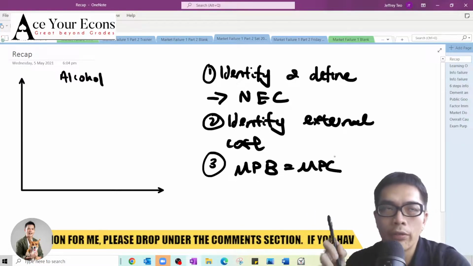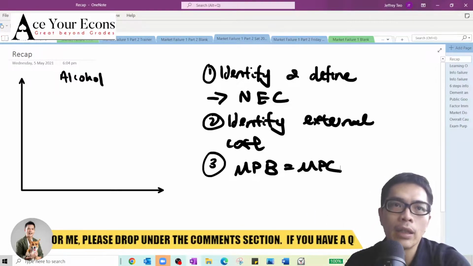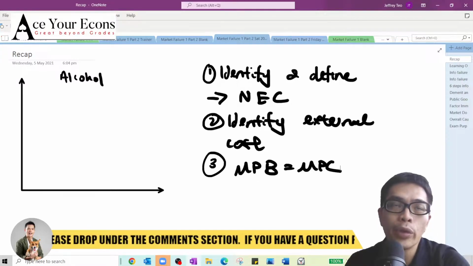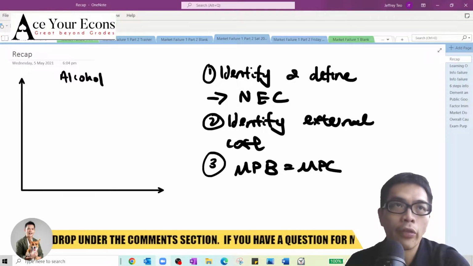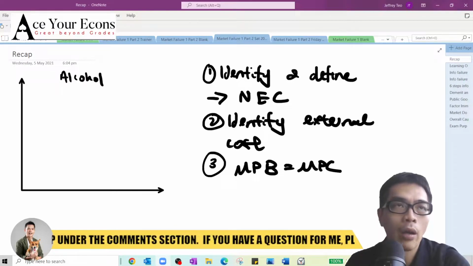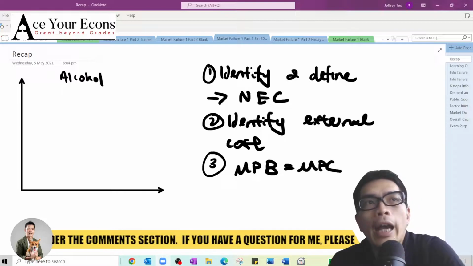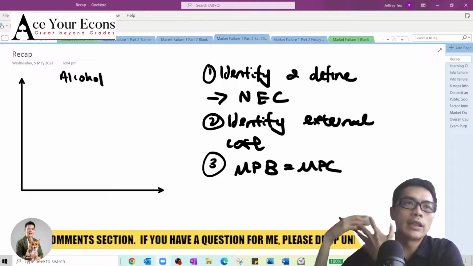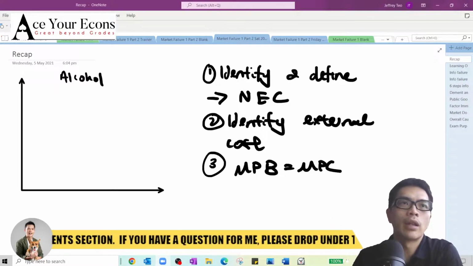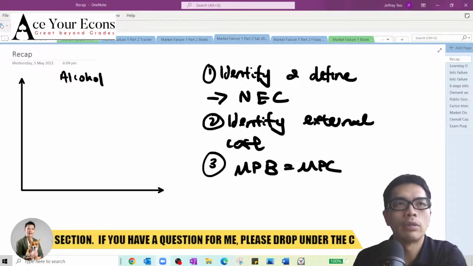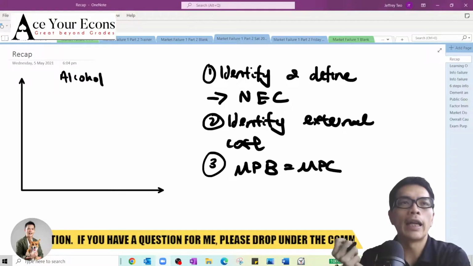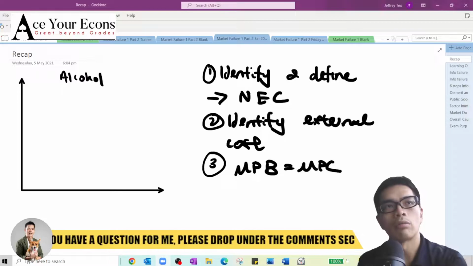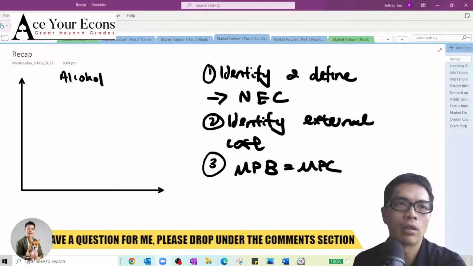If you refer to last week's assignment, you have to contextualize with respect to what is given to you. Education, then you have to contextualize with respect to education. In this case, the MPB to the consumer will be the utility and satisfaction granted by drinking an additional unit of alcohol.